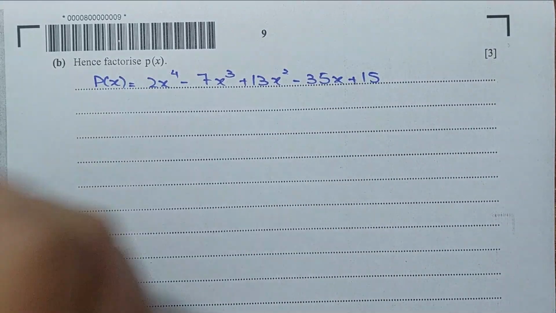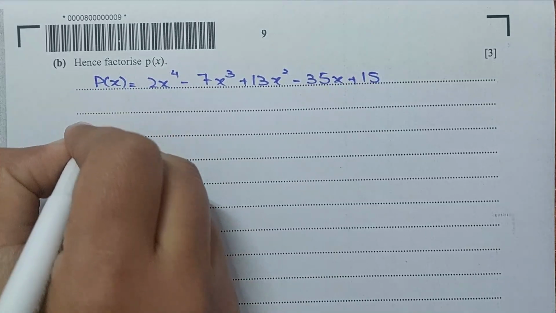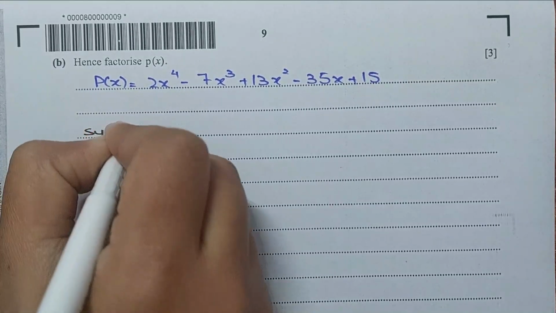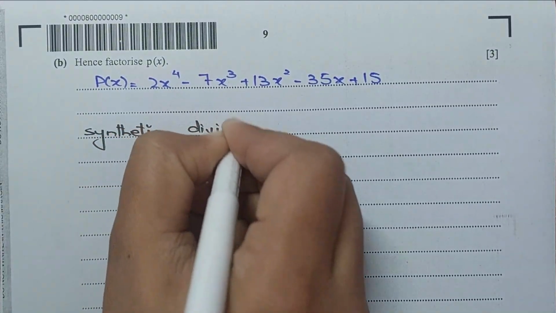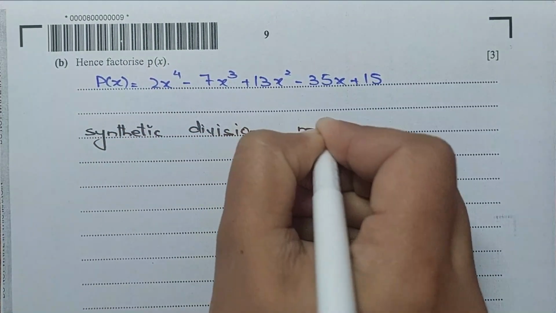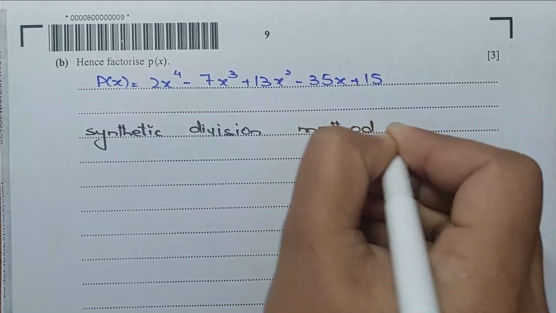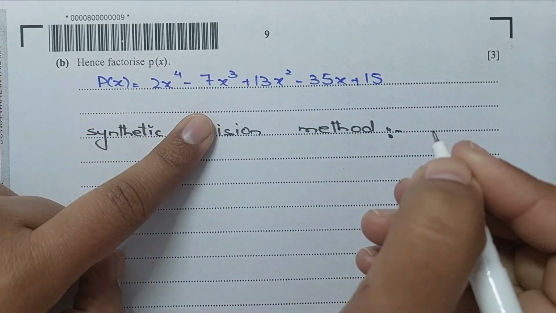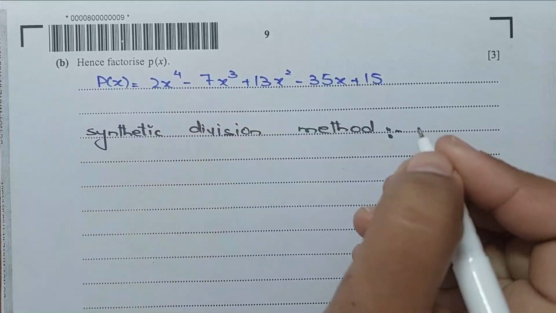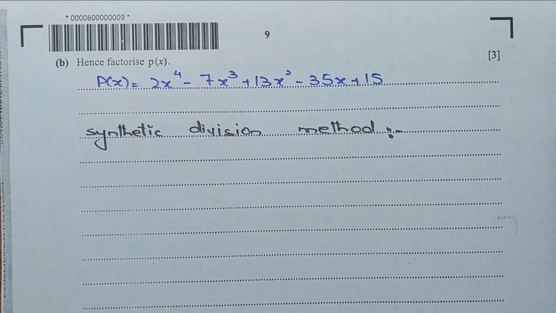So here I'm going to use the method of synthetic division. This method basically reduces the power of the polynomial. If you apply it once, the fourth power is reduced to the cubic, and then again cubic is reduced to quadratic, and then we can factorize the quadratic, right?